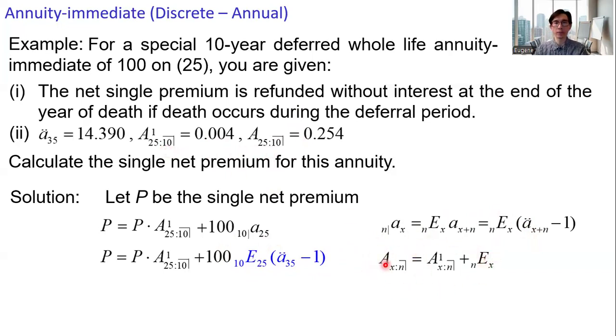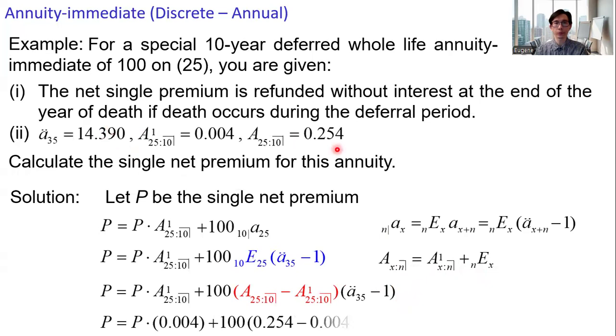Using this relationship, we can get 10E_25. Substitute the numbers given in the question, and then we get the single net premium for this policy, 336.09.